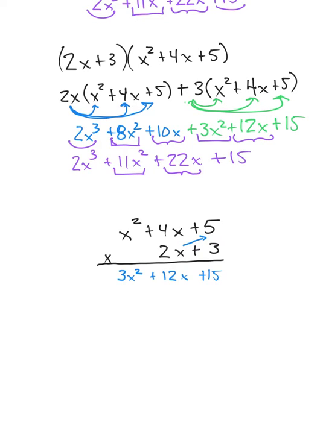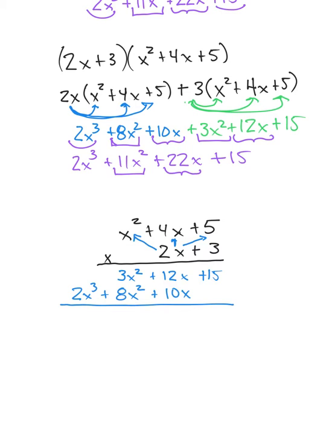More importantly, since it has an x term, I want to line it up underneath my other x term. So we get 2x times 5 is 10x. 2x times 4x is 8x squared, and 2x times x squared is 2x cubed.